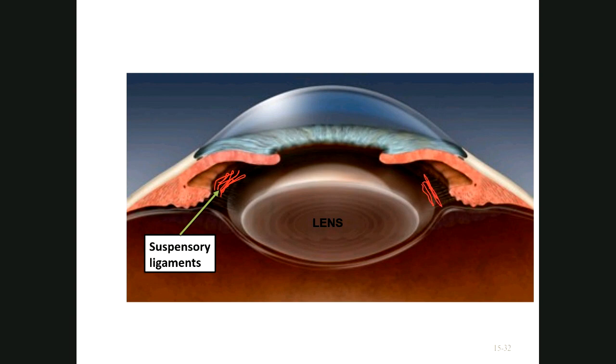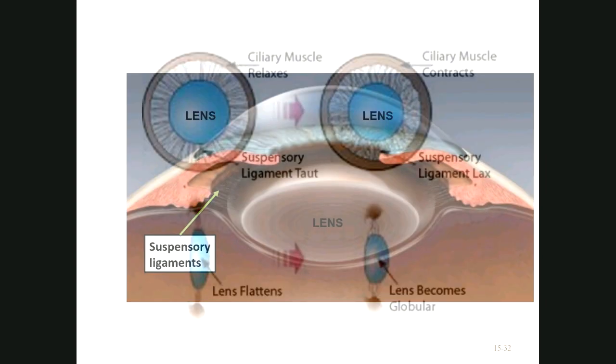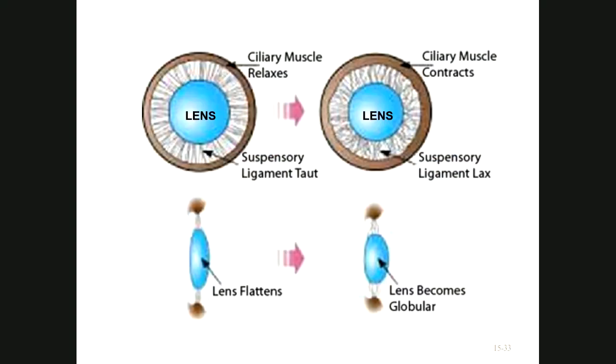And look, there's going to be less pulling, less tension on these suspensory ligaments. And so the lens is going to fatten up and it's going to be more spherical shaped. That kind of looks like this. So look, there's the lens, there's our little suspensory ligaments, there's the lens, there's the little suspensory ligaments.